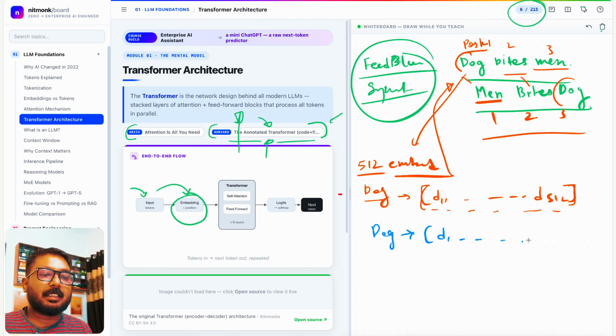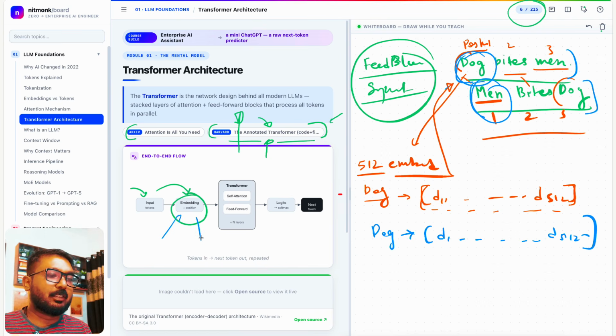So another context will be added, so that the LLM can understand the different meaning of different sentences. Here man is biting the dog, there dog is biting the man. That's what happens in embeddings and positioning.